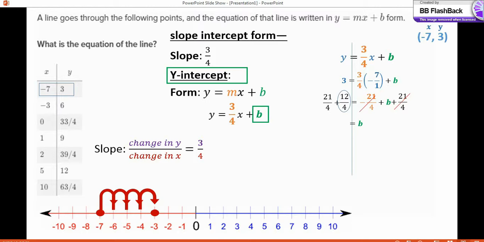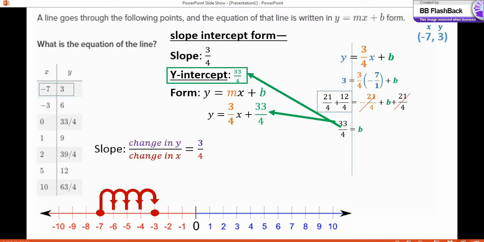It reduces to 3, but it has a denominator of 4, so I can add it with this 21 over 4. That's going to get me 33 over 4, and that's going to be my value of b. 33 over 4 is my y-intercept.